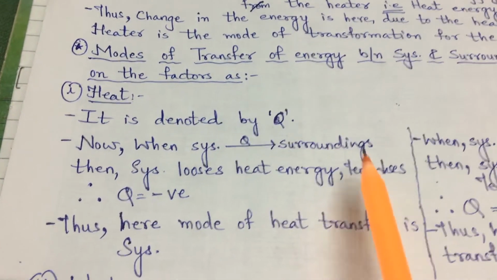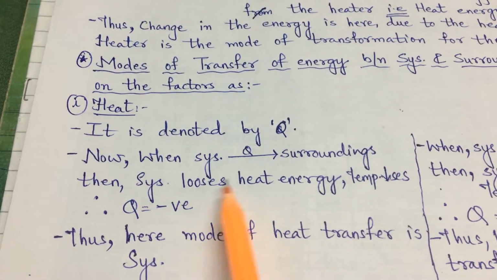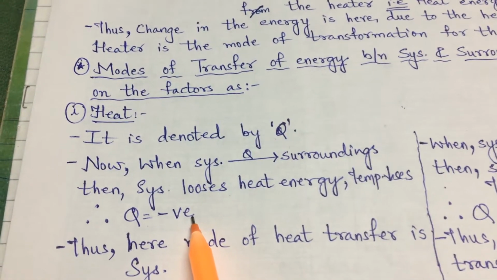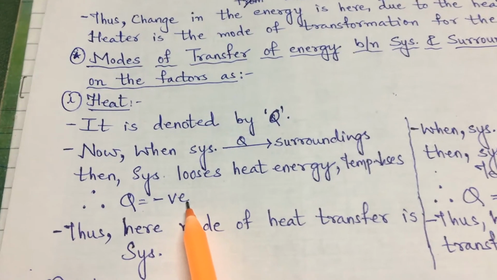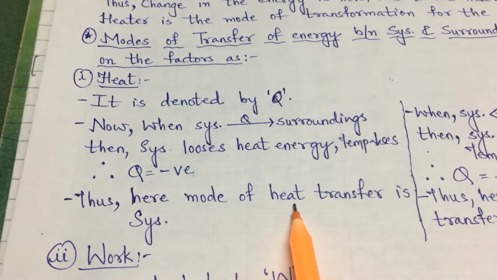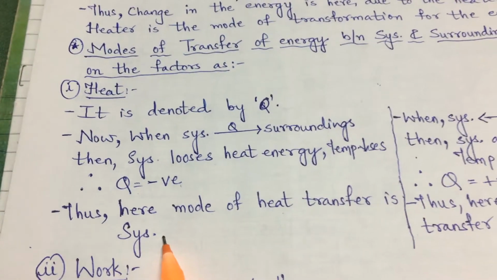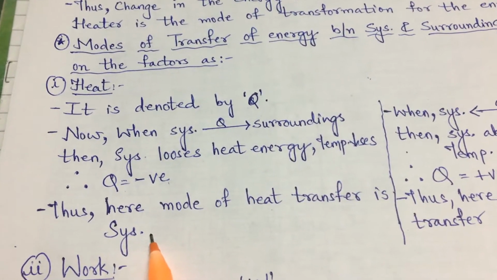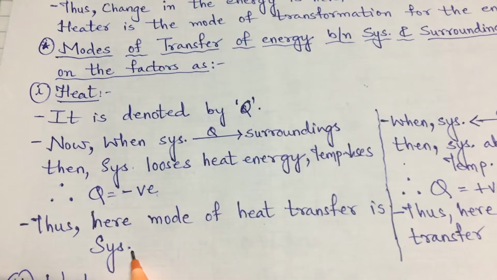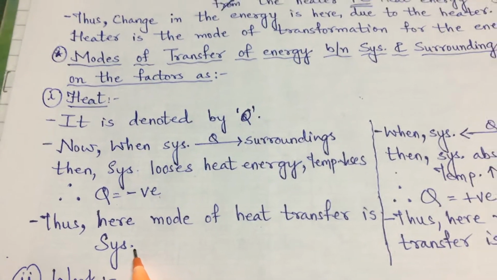So here the heat energy is negative because the energy is lost from the system. And thus the mode of heat transfer is the system. What is the mode? The mode is the system because heat is transferred from the system.